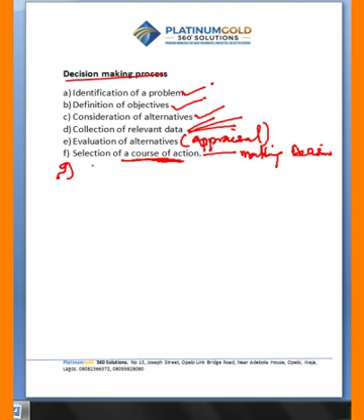By the time you make your decision, you need to implement. That means you have to act on it. Implementation. So after implementation, you can now go ahead and put control measures. Post implementation control.